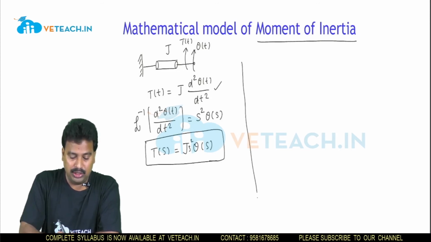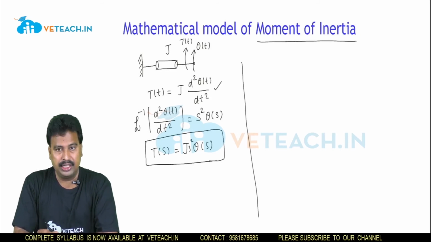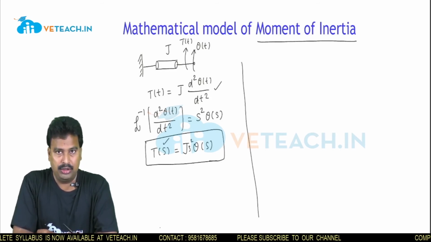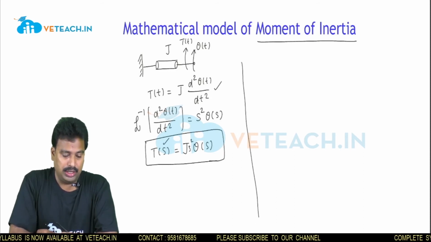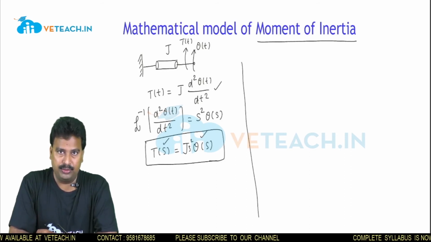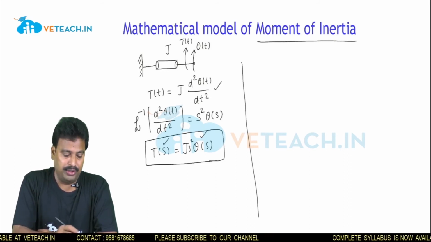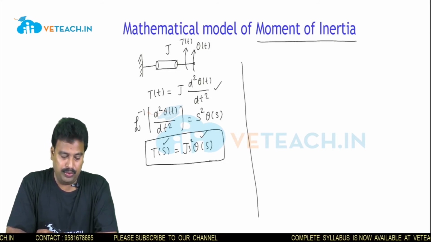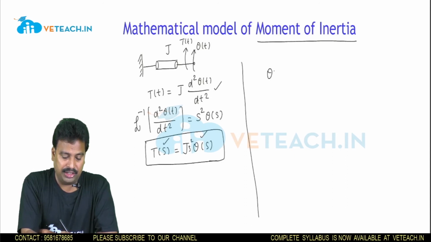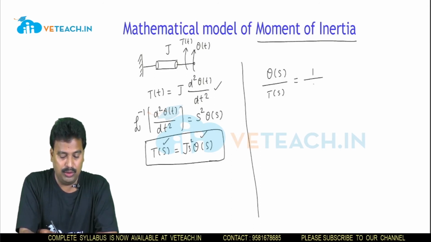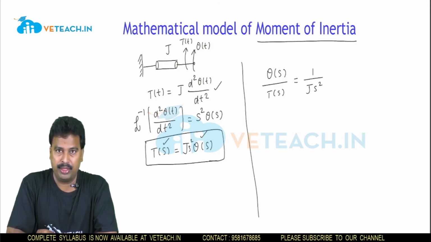Let us find out the transfer function for this element. So, T of s is the input applied to the moment of inertia and theta of s is the angular displacement that was caused because of application of this torque, which will become the output. So, the transfer function of the system is theta of s by T of s, which is equal to 1 by J s square.